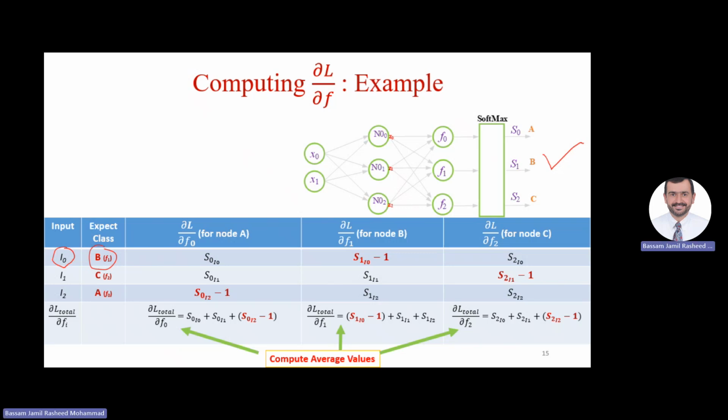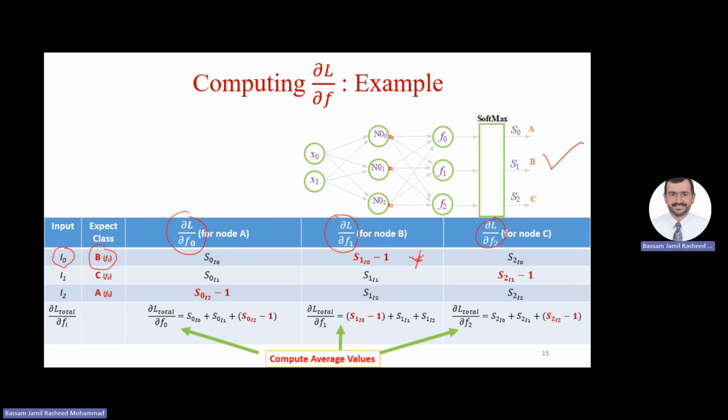Now, what do I need to do? I want to compute ∂L/∂F0, ∂L/∂F1, ∂L/∂F2. Now, what did I learn? It is for those where the correct output is. It's right here, because it corresponds to B.